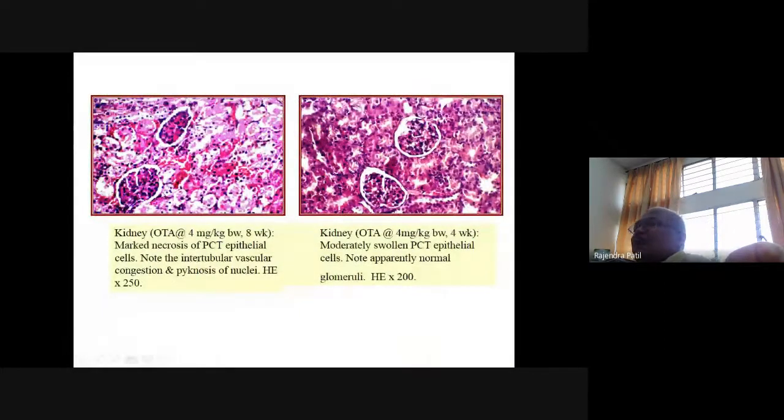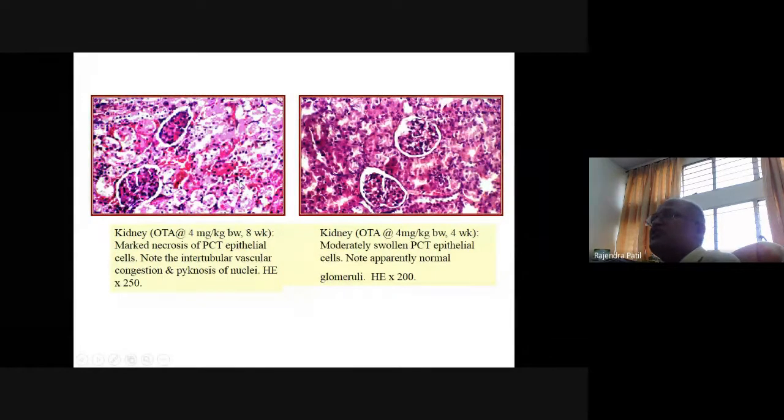Then marked necrosis you can observe in this slide, with tubules showing severe or diffuse necrotic changes with pyknotic nuclei in most of the tubules. Even the glomeruli are also affected.